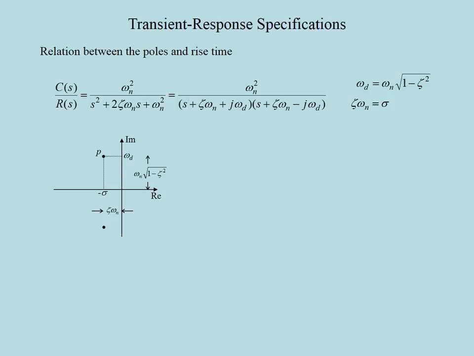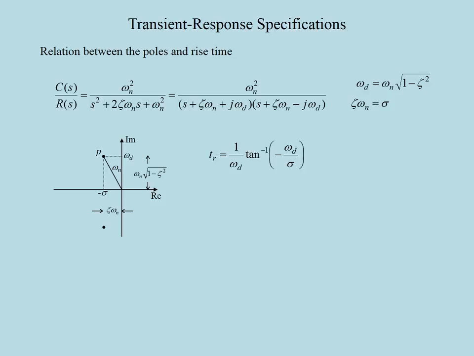Note that zeta omega_n, in other words sigma, is the negative real part of the pole, and omega_d, namely the damped frequency, is the imaginary part. Also, since the sum of the squares of the real and imaginary parts of a pole is equal to omega_n squared, the natural frequency gives the distance of a pole to the origin.